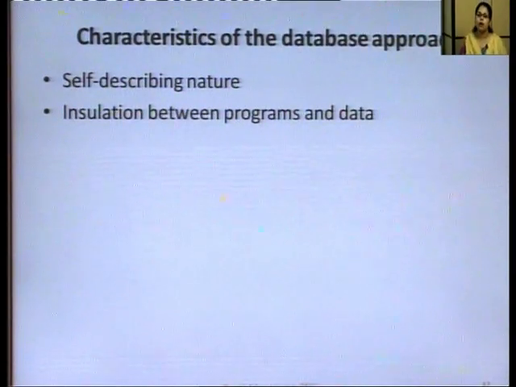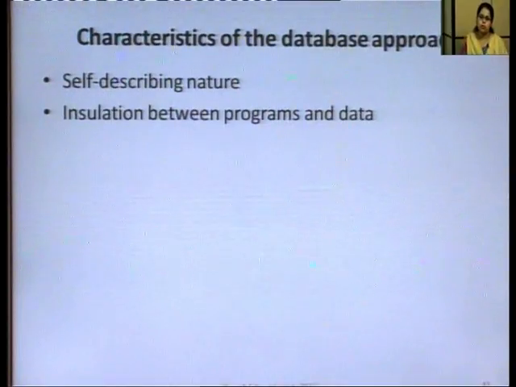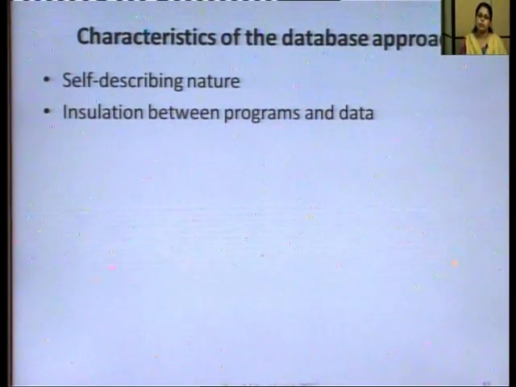Insulation between programs and data. The traditional file system, as we have discussed, lacks insulation between programs and data because the structure of the files is embedded in the application programs which are using the particular file.